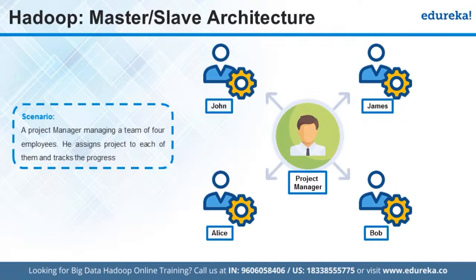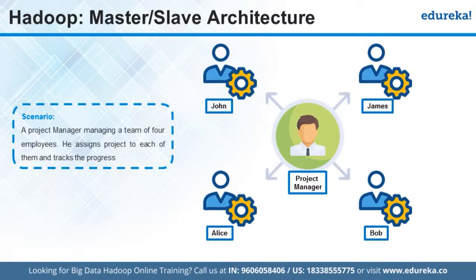The main task of the name node is to assign the work to the data nodes, and then the data nodes get the work done. The name node combines the result sets and so on, and then the final output is sent back. It's the same thing depicted in the different slides.